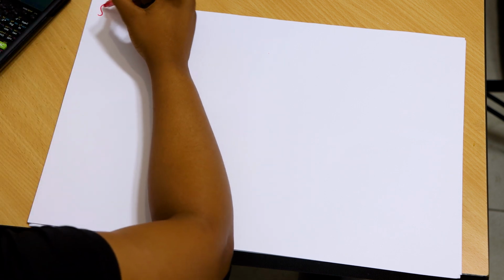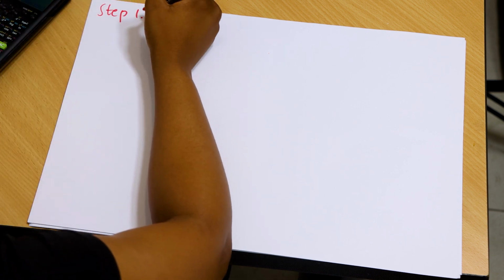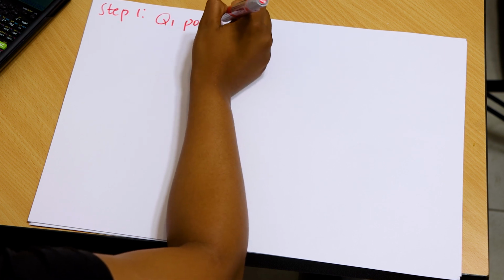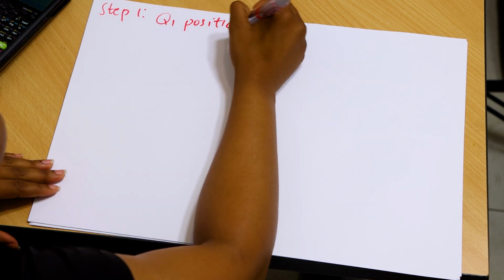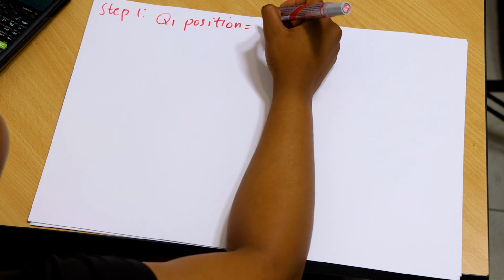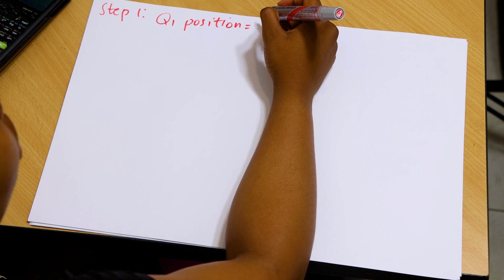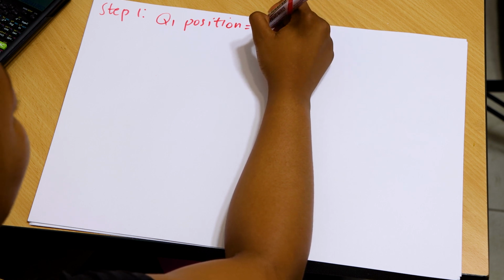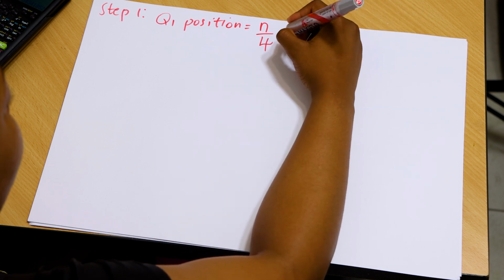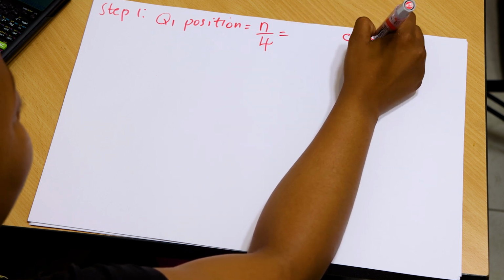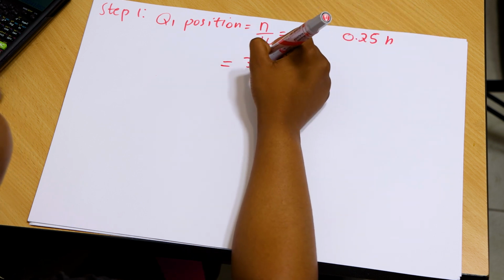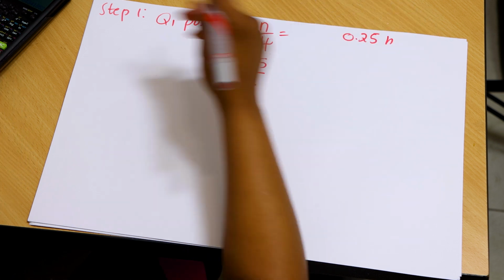So the position of Q1: remember the lower quartile is the 25th percentile, right? So the position is going to be n over 4, which is 35 over 4, that is 8.75. Alternatively, you can write 0.25 times n.